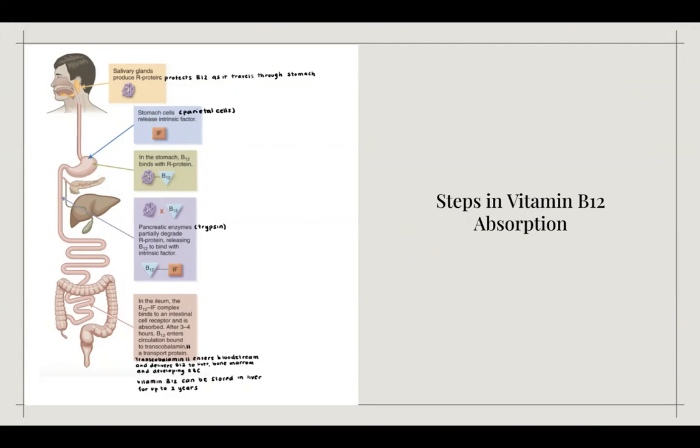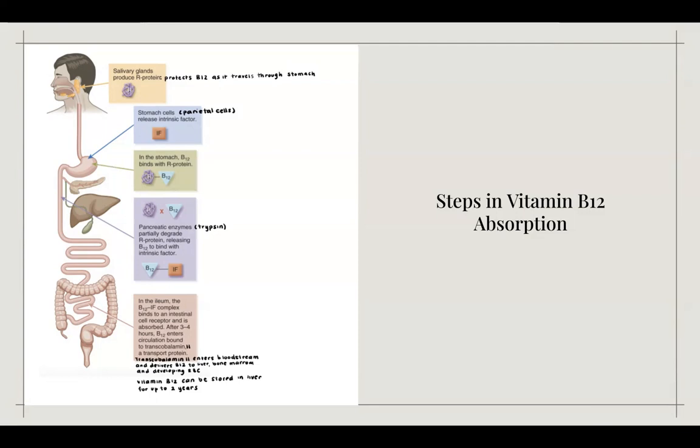As the vitamin travels through the GI tract, pancreatic enzymes partially degrade the R protein, releasing B12 to bind to intrinsic factor. In the ileum, the final part of the small intestine, the B12 intrinsic factor complex binds to an intestinal cell receptor and is absorbed.